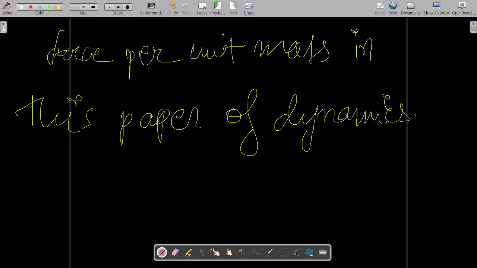So it is the general expression for force per unit mass in this dynamics paper.